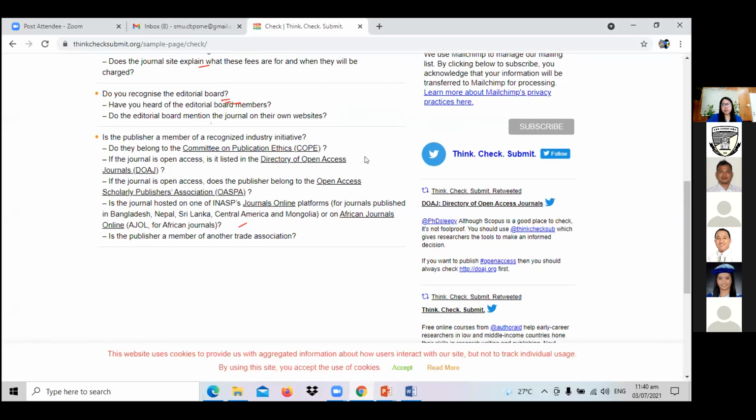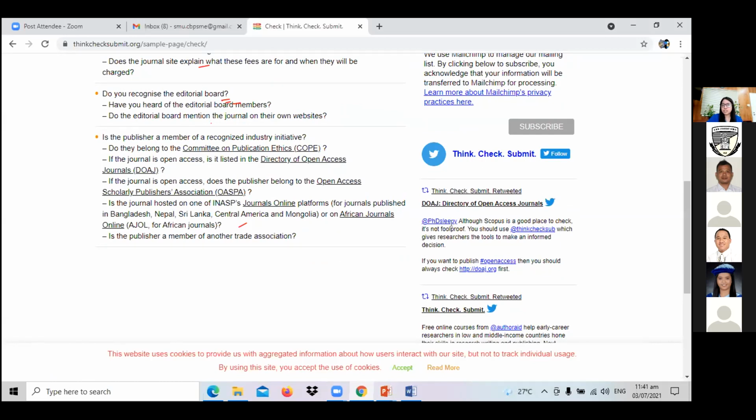Is the publisher a member of a recognized industry initiative? Do they belong to the Committee on Publication Ethics? Again, is it listed in DOAJ? But as you can see in our presentation, in one of the articles that I have presented, some of the journals in DOAJ are also considered as predatory by Cabells and by Beall.